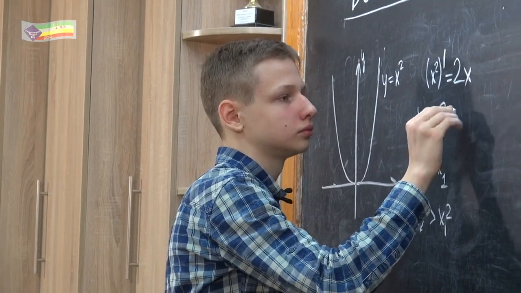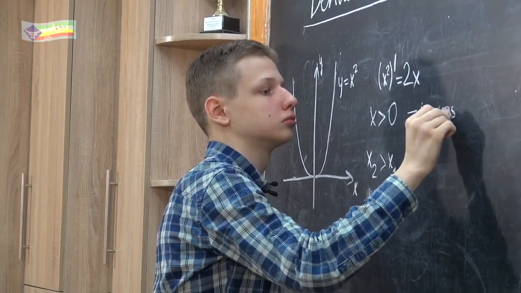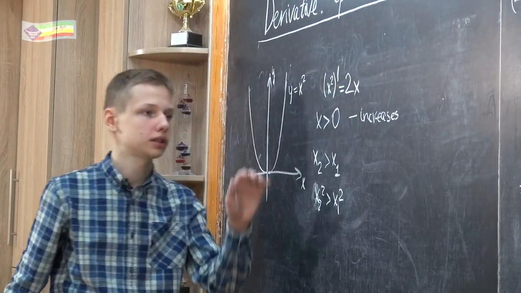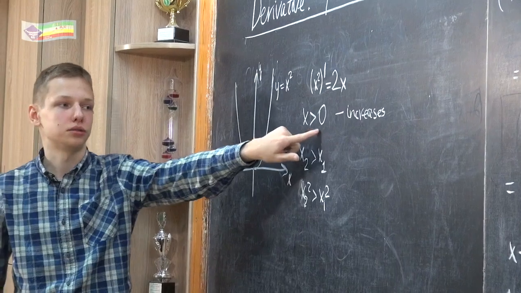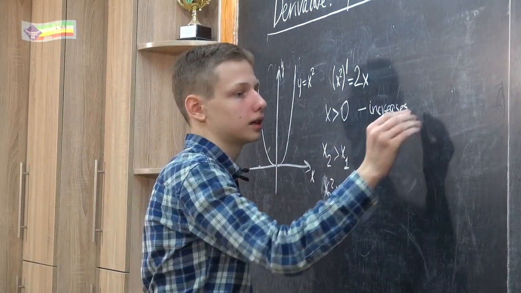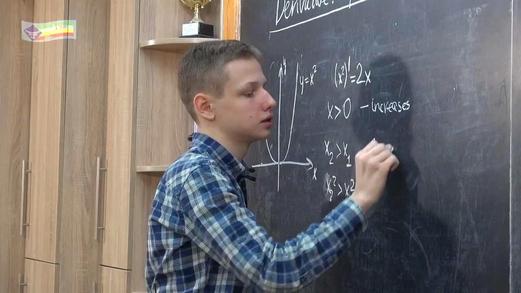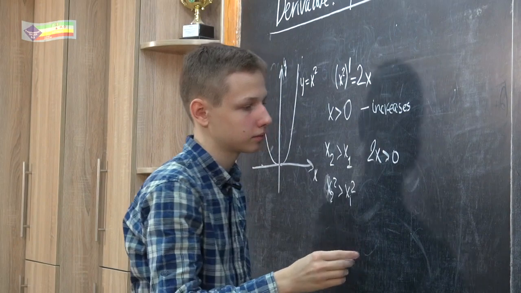So the function increases. And now we can substitute x bigger than 0 into our derivative, and we can see that 2x is bigger than 0, which means that the derivative is bigger than 0.